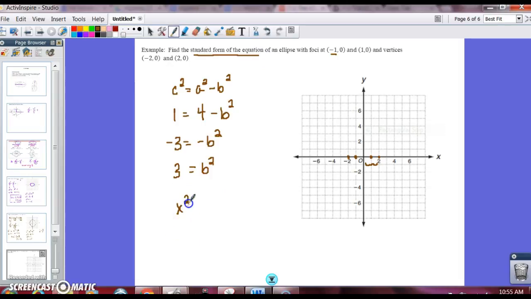So my equation is x squared over 4 plus y squared over 3 is equal to 1. They didn't actually ask me to graph it. I just put that graph here as kind of a visual aid. They just asked me to find the standard form. I had c squared because I knew what c was. I had a squared because I knew what a was because I had the vertex there.